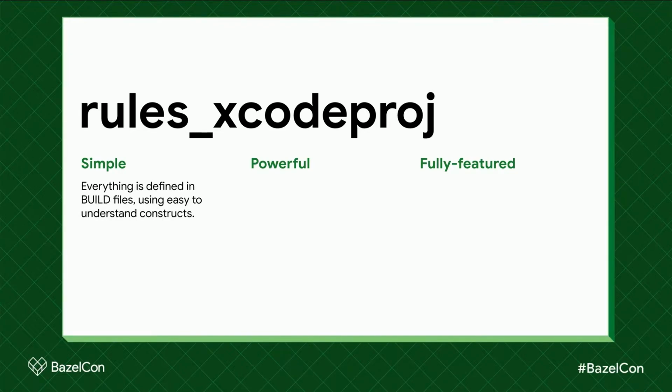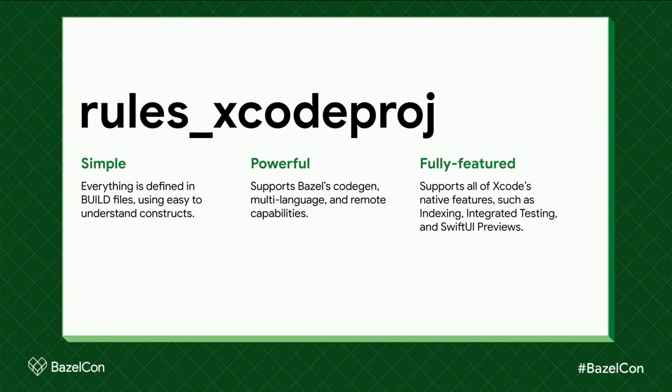It's simple because everything is defined in build files, the same as the rest of your workspace, using easy-to-understand constructs. It's powerful because it seamlessly supports Bazel's code gen, multi-language, and remote capabilities. And it's fully featured because it supports all of Xcode's native features, such as indexing, integrated testing, and SwiftUI Previews.